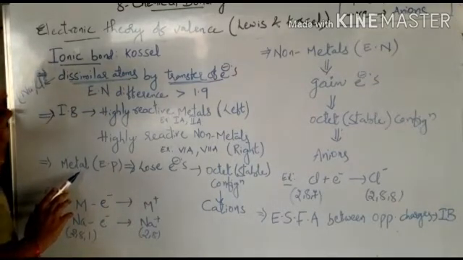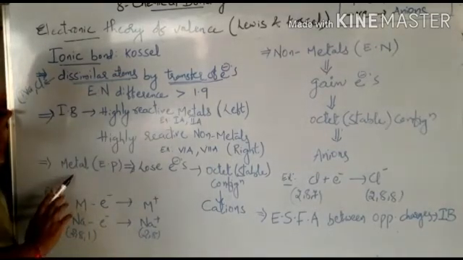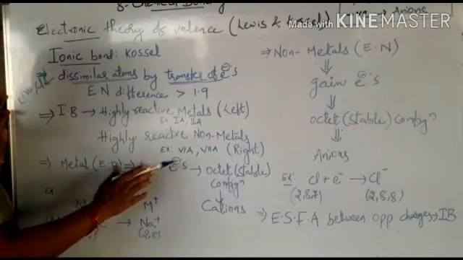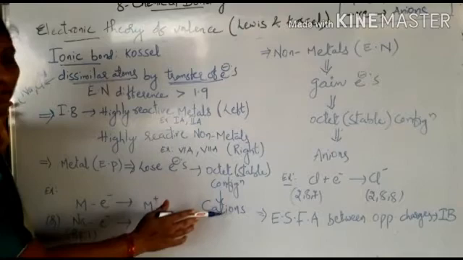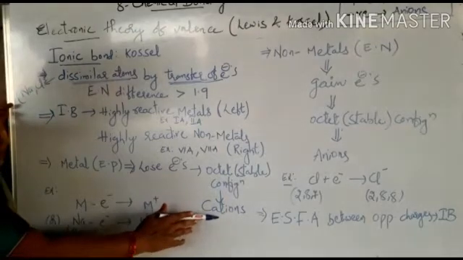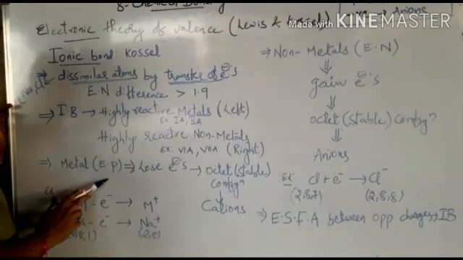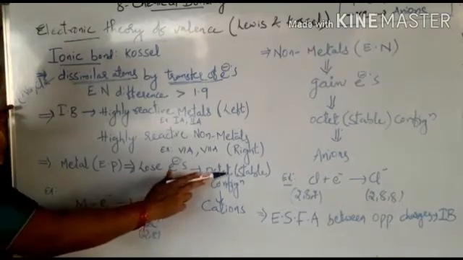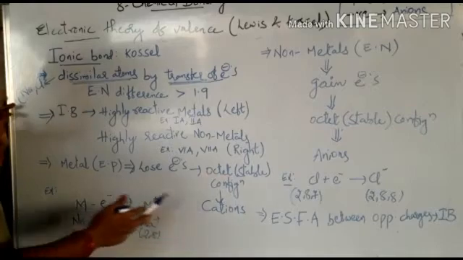Now we have to see what electropositive metals do for the formation of an ionic bond. Metals which are electropositive in character always lose electrons to attain an octet or stable electronic configuration and form cations.